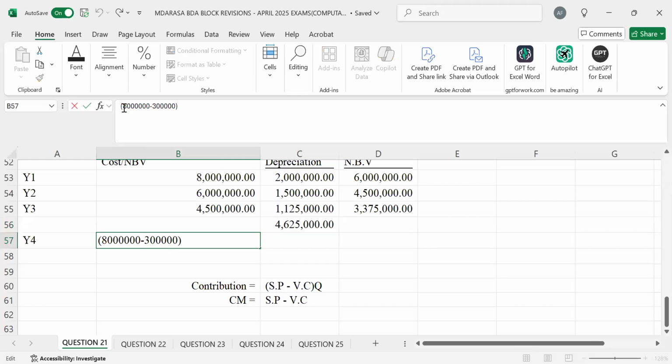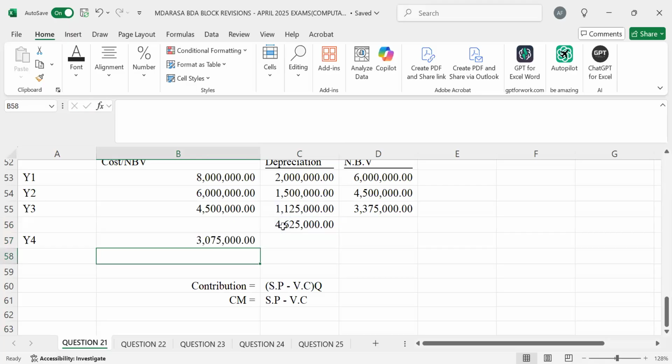So therefore, the balance of this machine by the time you are in year 4 would be the cost 8 million, less the residual value, less the accumulated depreciation.